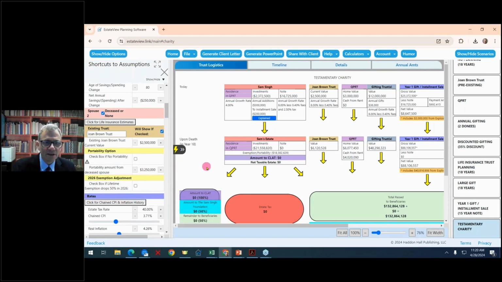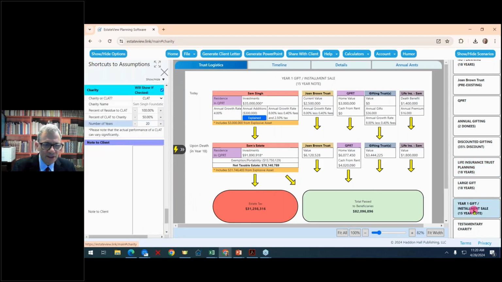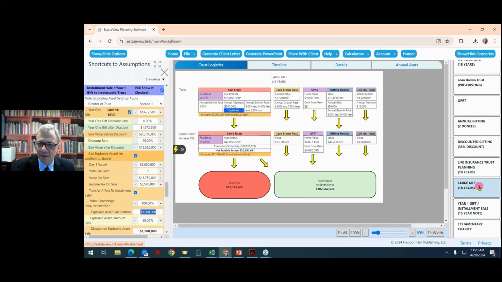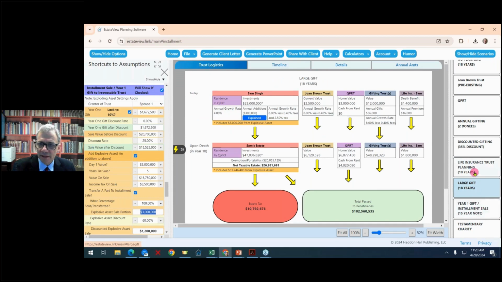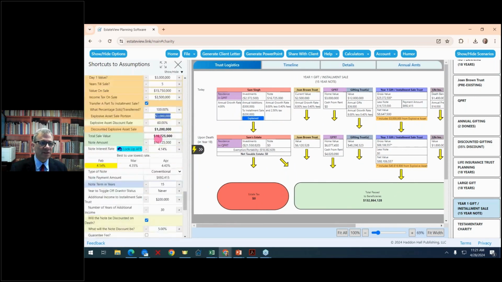And as soon as I unclick that, all of the displays change. Now the exposure is still significant, but completely handled by the installment sale. So now I can click on the letter again, I can click on the PowerPoints again and just show the client, here's the total result if the exemption goes down, here's the total result if the exemption doesn't go down.